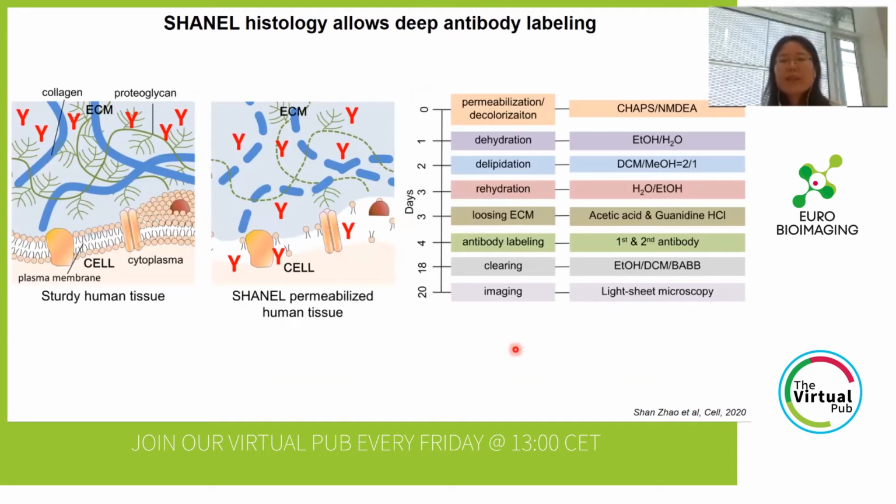The next question we want to address is how to achieve deeper antibody labeling. Here, except for the first step, where we put the organs into SHAPS and NMDEA for miniaturization and decolorization, we also introduced three different kinds of pre-treatments, including delipidation and ECM loosening steps, to further make the extracellular matrix looser for the antibody to get inside.